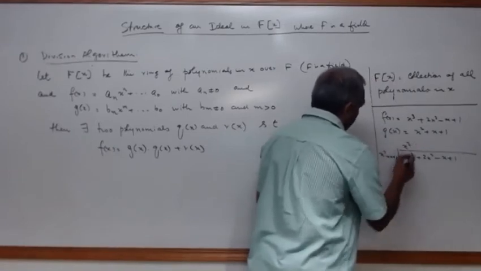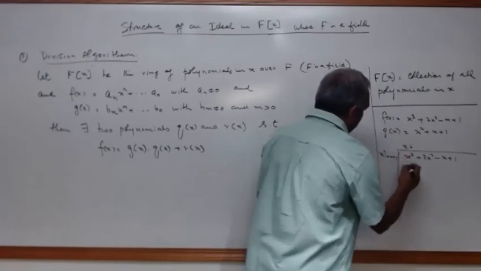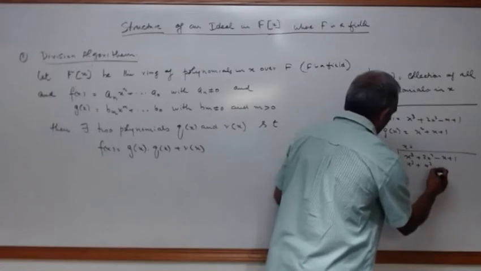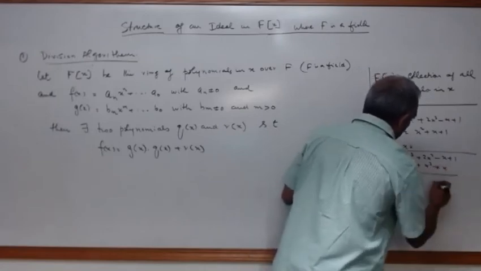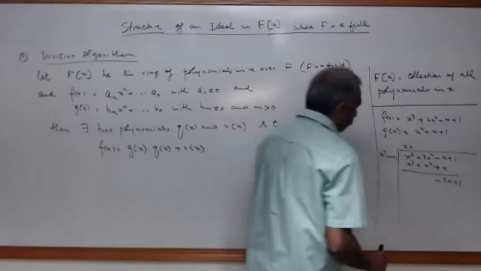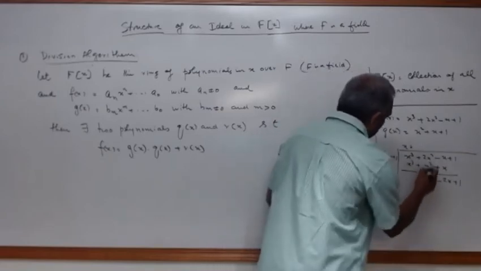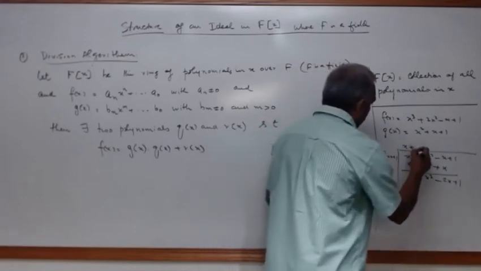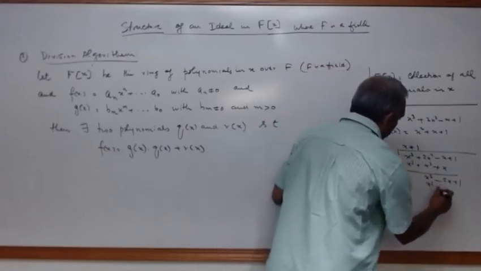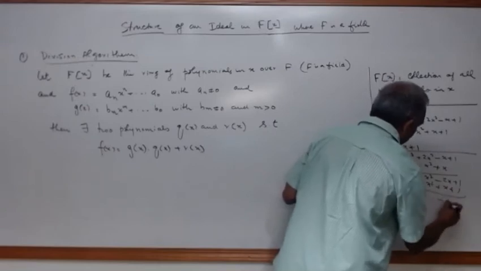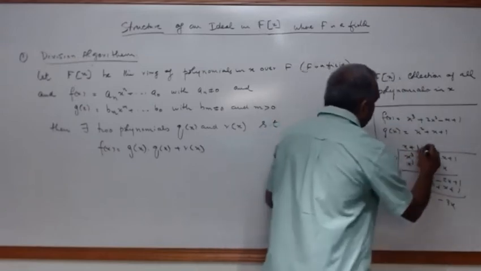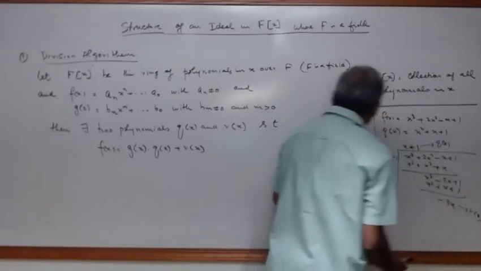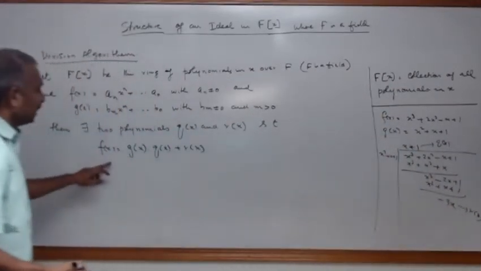So this will be x, so x cube plus x square plus x, minus 2x plus 1. This one is x square, so this will be plus 1. So x square plus x plus 1, minus 3x. So this is going to be our q of x and this is going to be our r of x. And that's what exactly this means.